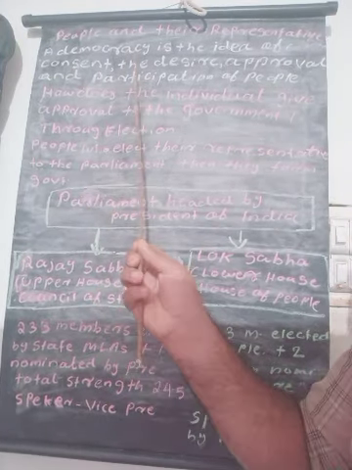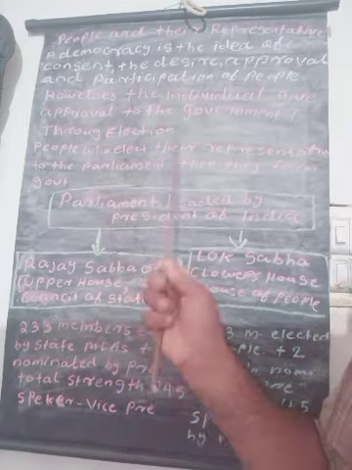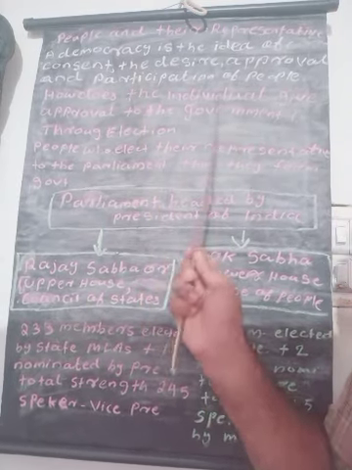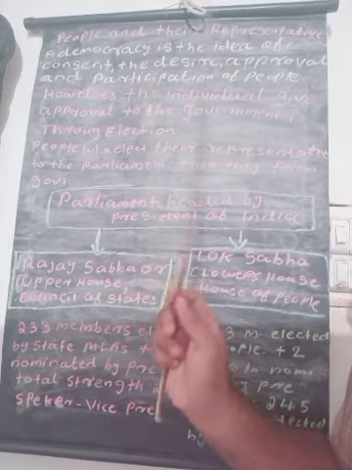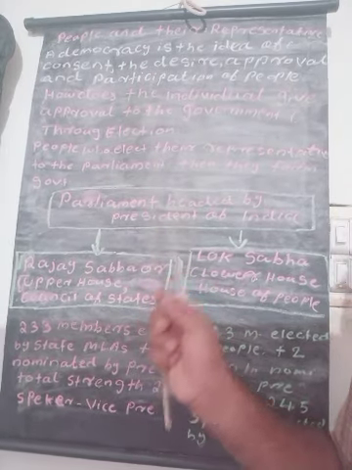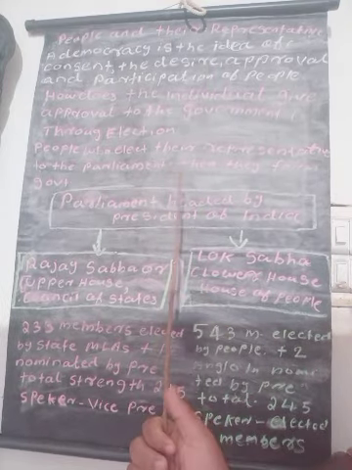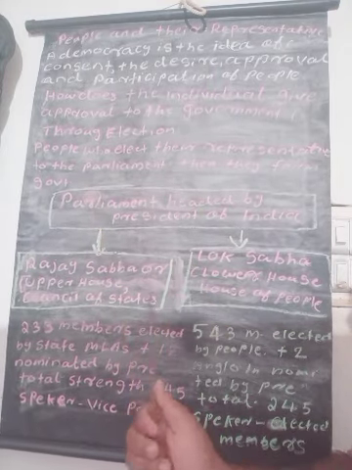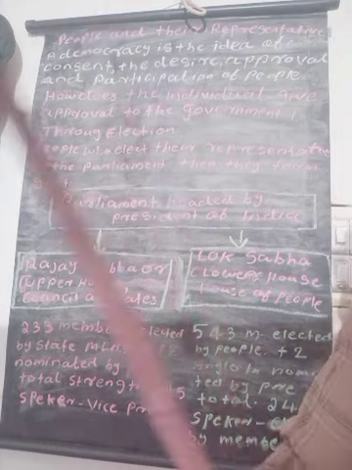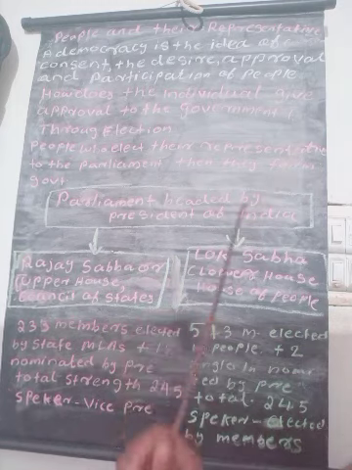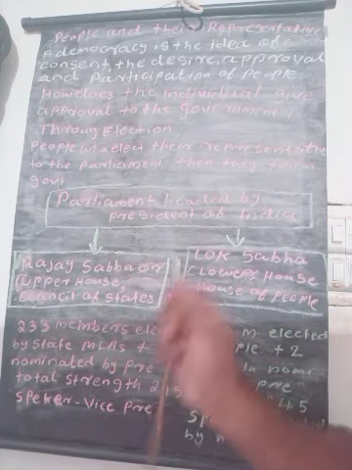The first way we discussed is through election, they select their representatives and approve the government. Then the elected members form the parliament. Then we can see the structure.